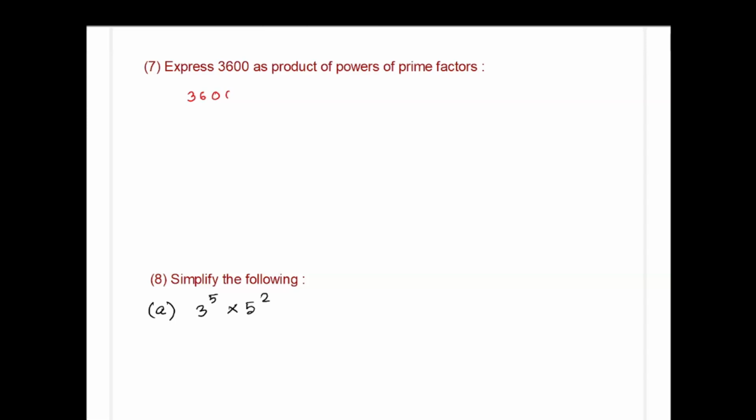Now say 3600 we have to divide. That means we have to do the prime factorization. So first, if we divide by 5, 5 sevens are 35, 5 twos are 10, 0. Again it will divide by 5. 5 ones are 5, 5 fours are 20, 5 fours are 20.